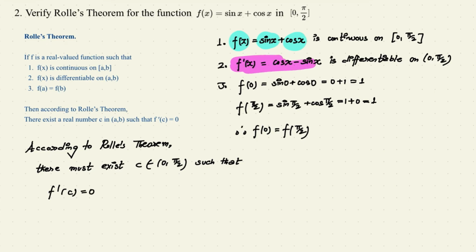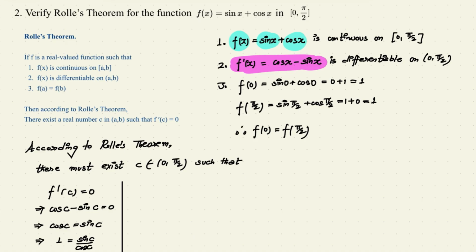Now since f'(x) = cos x minus sin x, therefore f'(c) = cos c minus sin c = 0. So this implies cos c is equal to sin c. Dividing both sides by cos c, we have 1 = sin c / cos c. And we know that sine over cosine is tan, so tan c = 1.